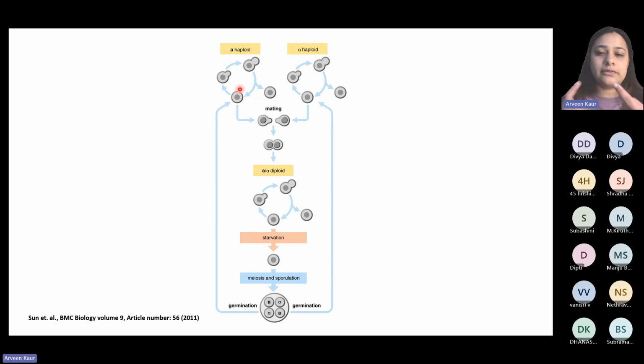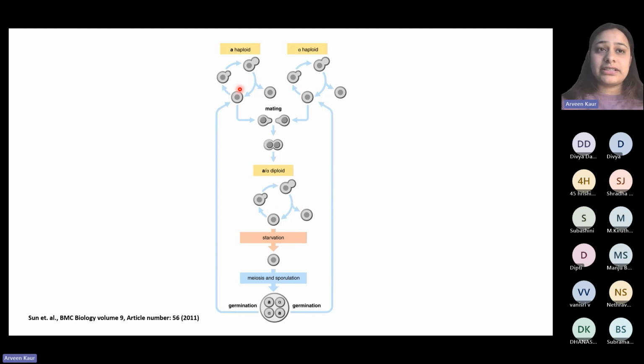So what it will do, it will form a kind of barrier around it, right? This barrier is a very, very strong barrier, and it is resistant to most kinds of stresses that are there in nature, right?